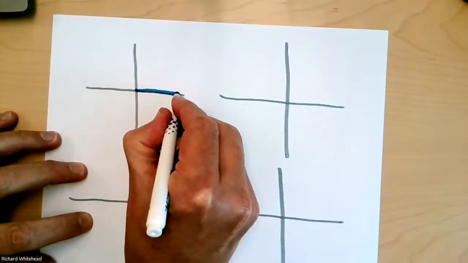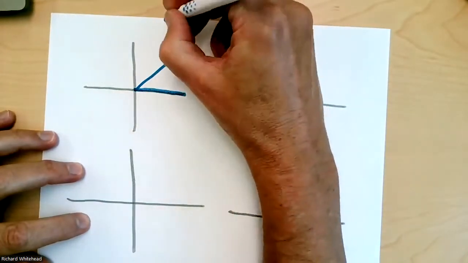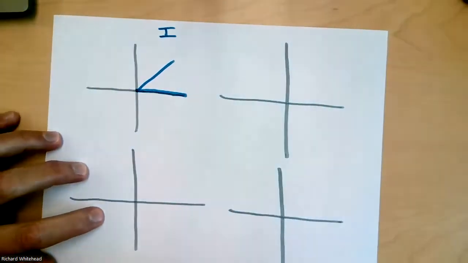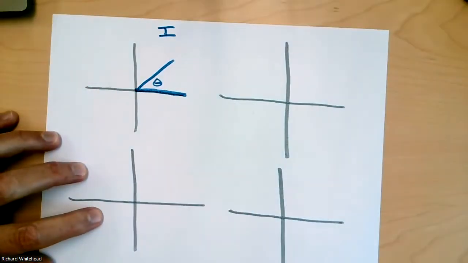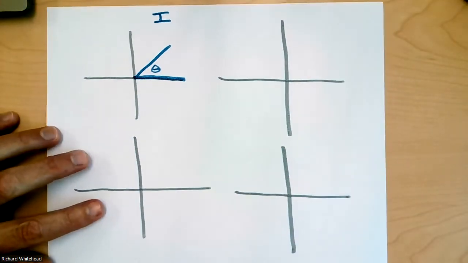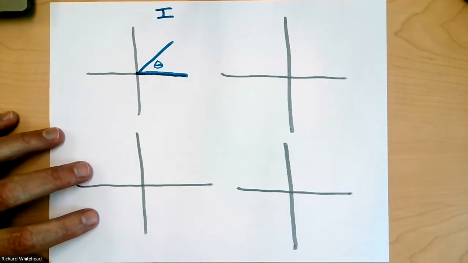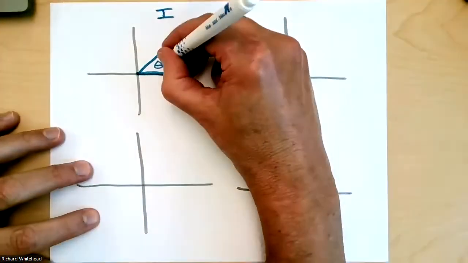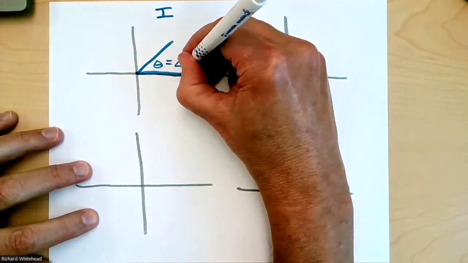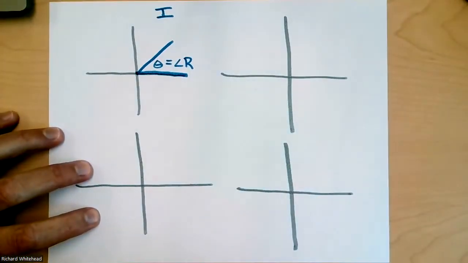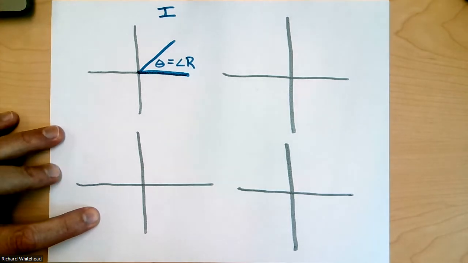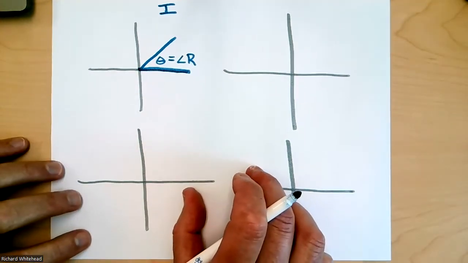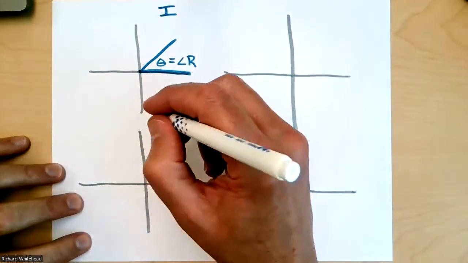If I'm in the first quadrant and here's my angle theta, well, your angle theta is already less than 90. So in the first quadrant, you are your own reference angle.